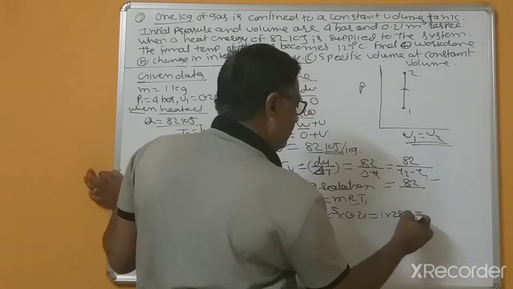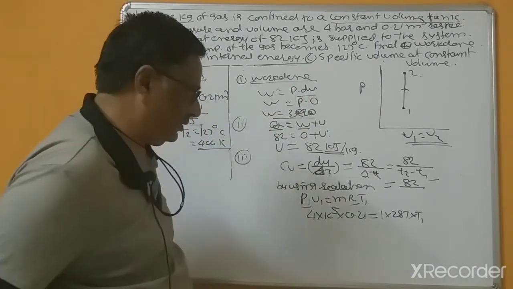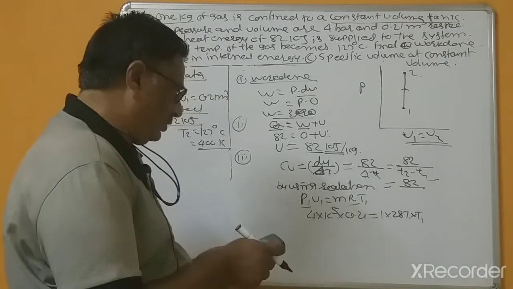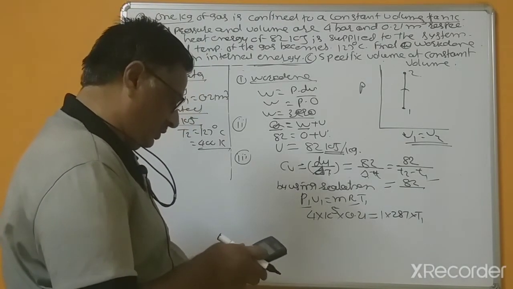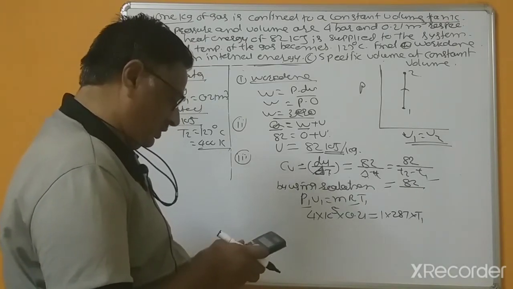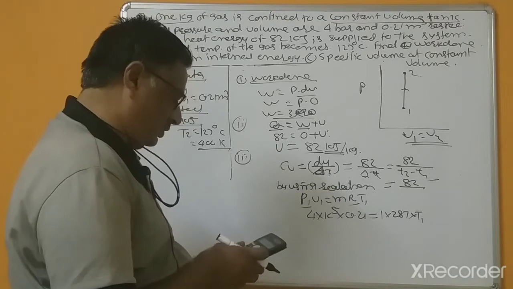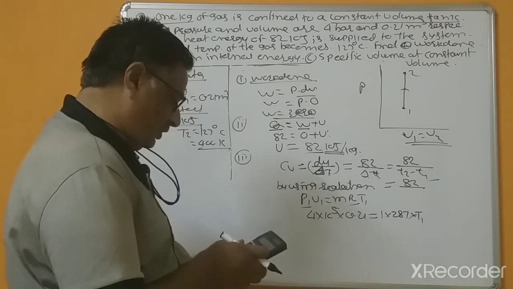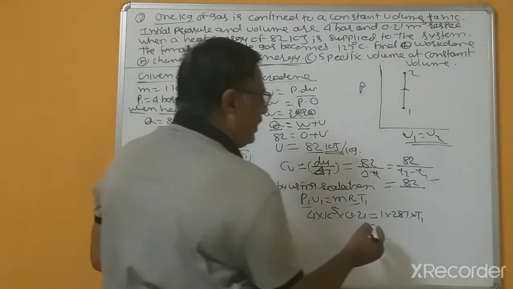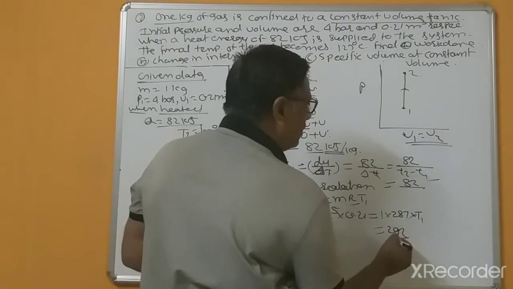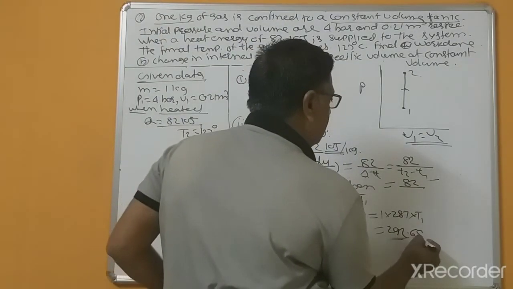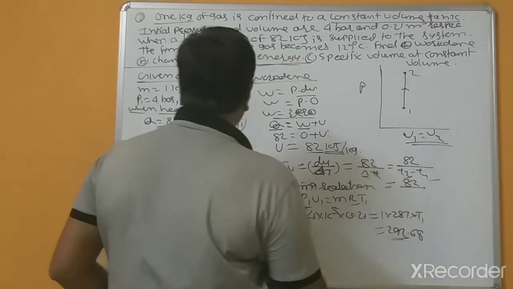So T1 equal to 4 into 10 to the power 5 multiplied by 0.21 divided by 287. This is equal to 292.68.